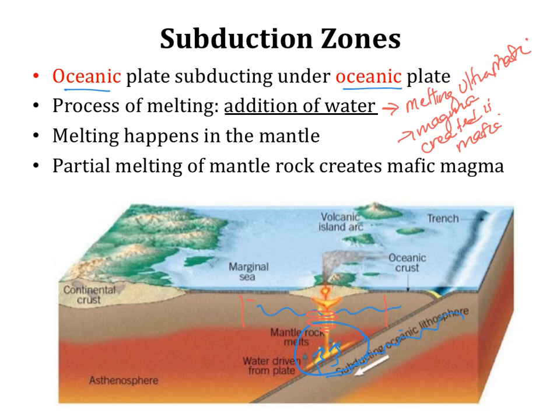So again, mafic magma rising up through this lithospheric area here and the crust. It's able to easily rise all the way up and erupt, and we end up with volcanoes here also created by mafic magma.